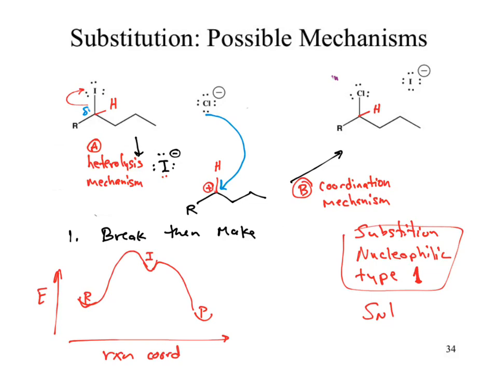So when we're asking about the rate determining step, we're asking about the activation barrier to go from reactant to the intermediate, and what's the other activation barrier? Intermediate to product. Which of those is going to be the slower step?